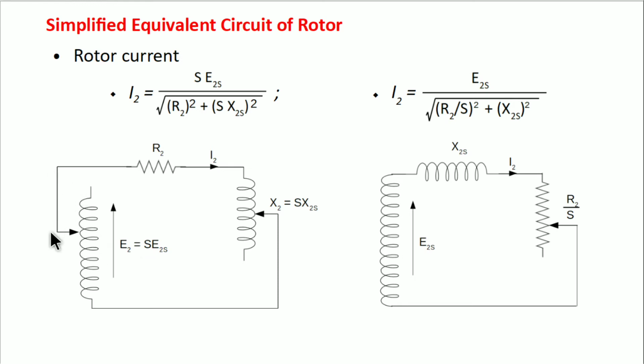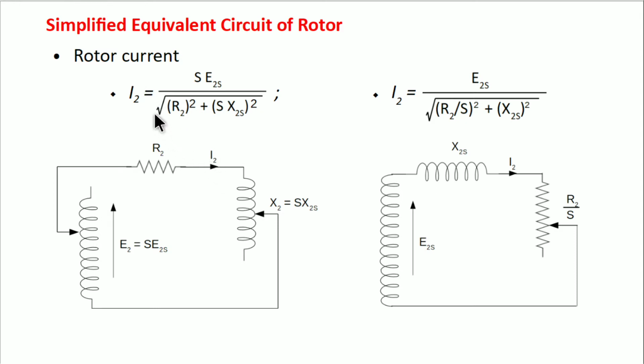So it is shown variable here because S is variable. S is not constant. E2S is constant, no doubt.